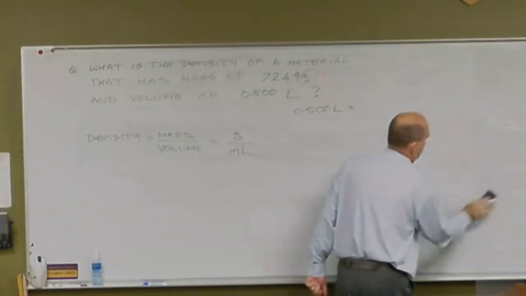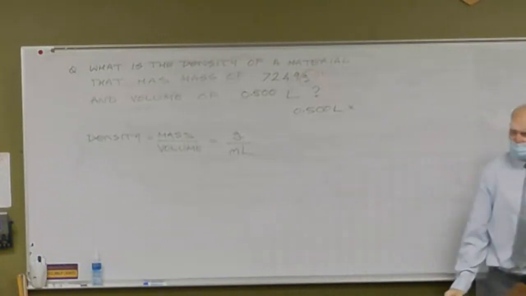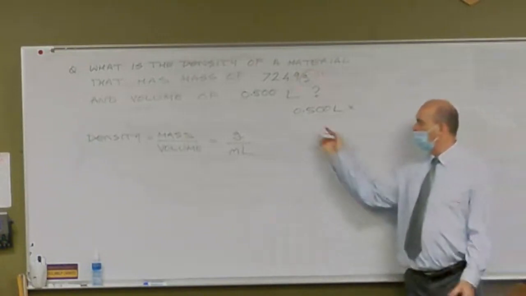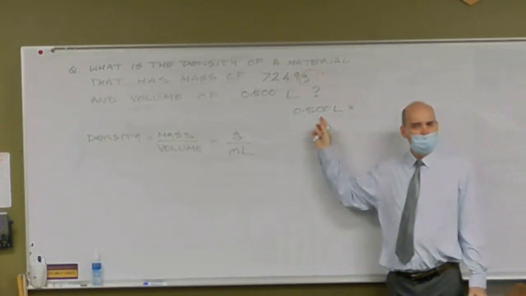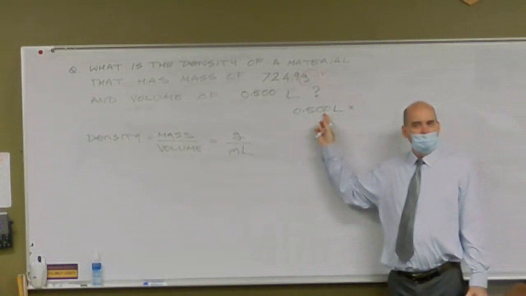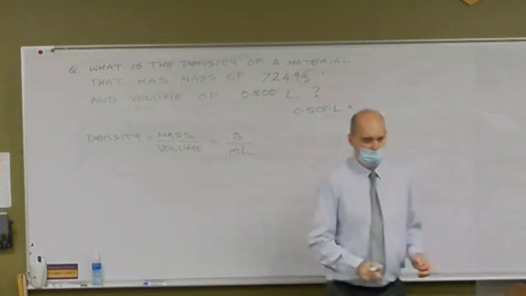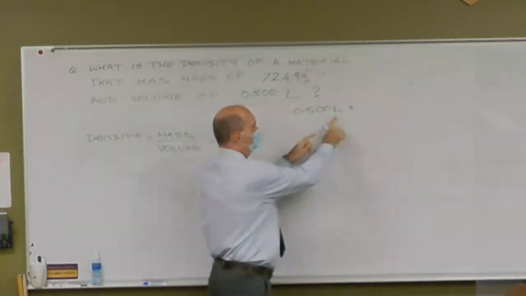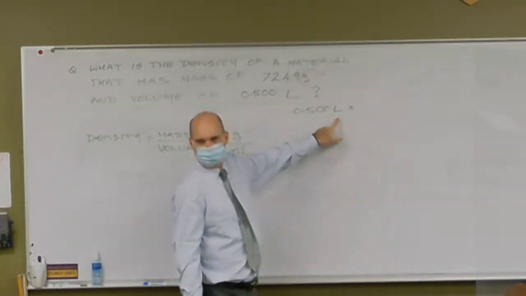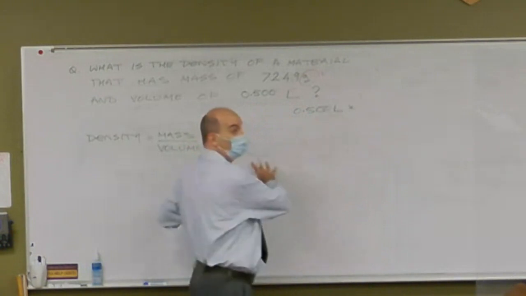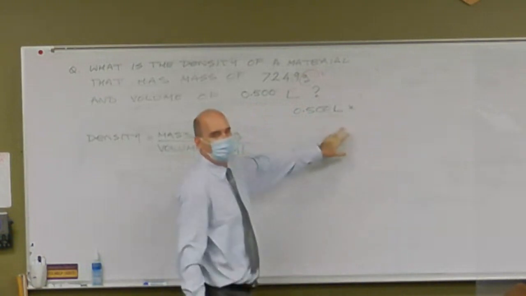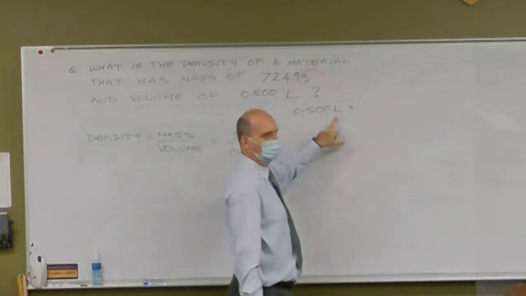Okay, let's think, do I divide this number by 1,000 or do I multiply it by 1,000? Here's how you figure that out. You keep the units in. It's a thing called dimensional analysis, and you can do it with the whole calculation, but I like to break it down into smaller things, especially at the beginning of the term.